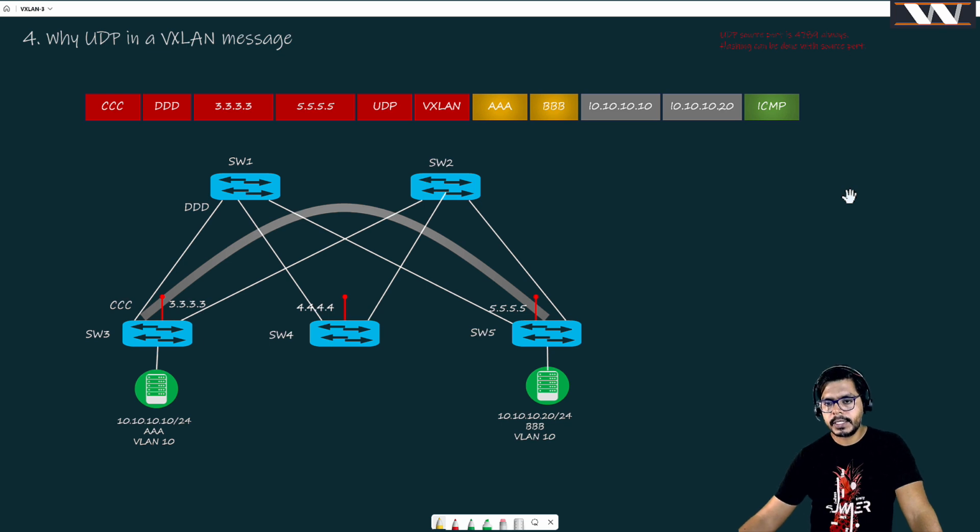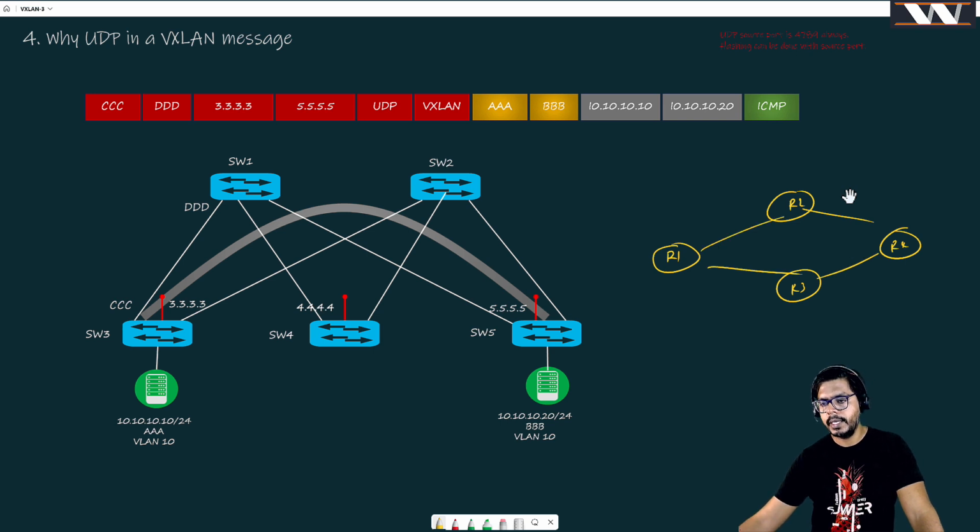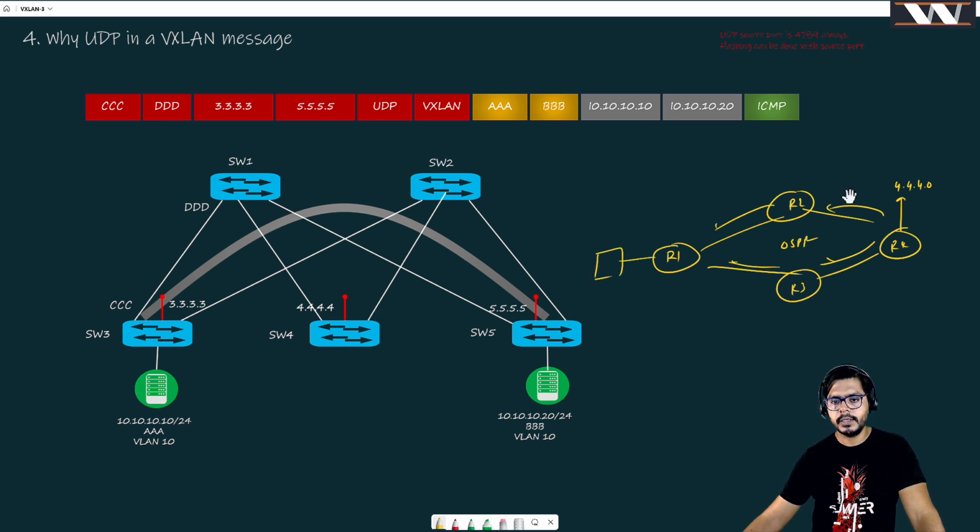Now just try to understand, if we have these four routers R1, R2, R3, and R4. When I was talking about ECMP, you all know for sure that suppose we have a segment here, 4.4.4.0, which is advertised here, here, here, and here, and OSPF is running, and there is a PC here.